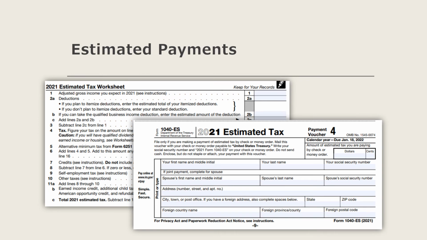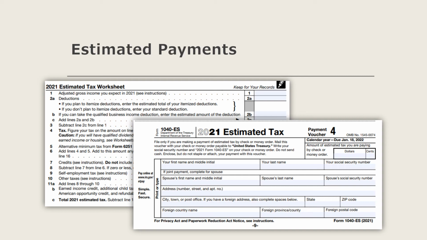And another way that our taxpayers can control their withholdings is through estimated tax payments. And this is most commonly used with taxpayers who have a Schedule C, a business, because in that case they don't have an employer who is taking out the taxes as they earn the money. They have to do it themselves.